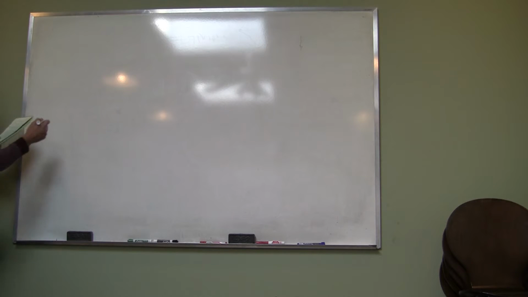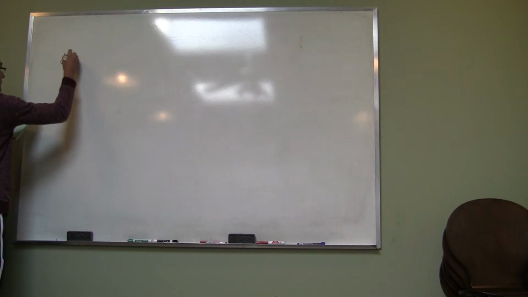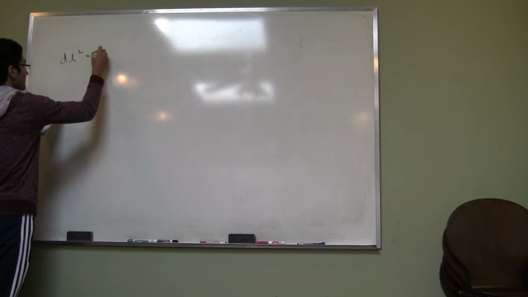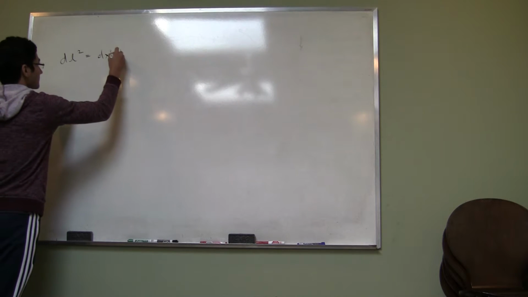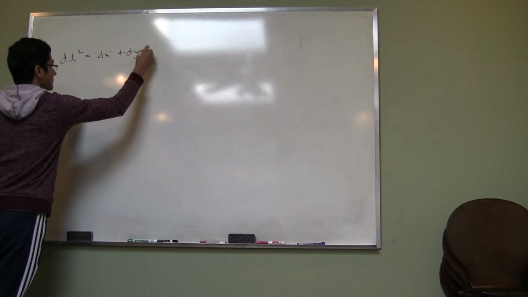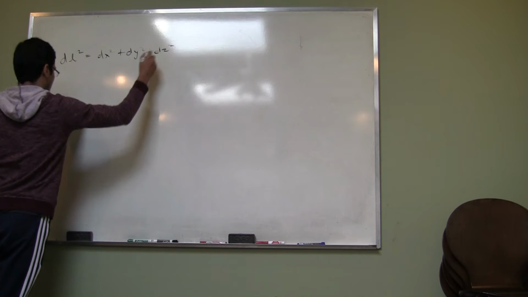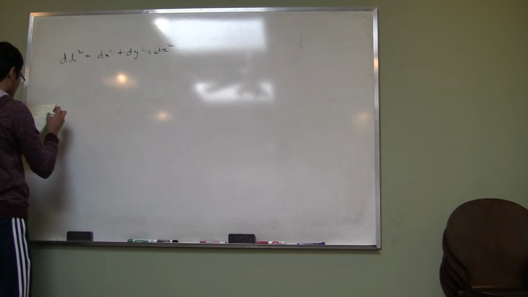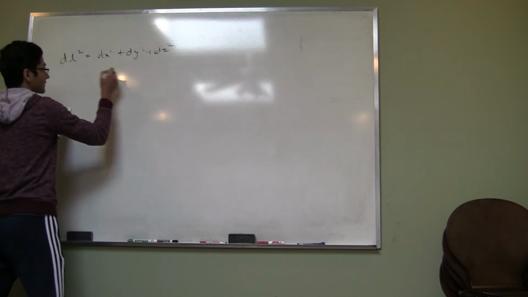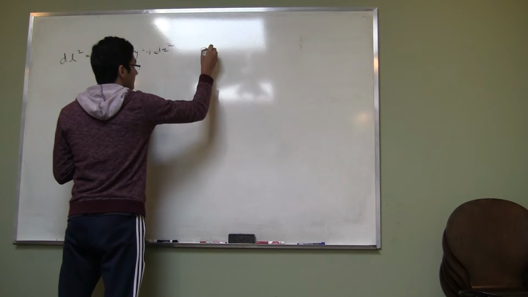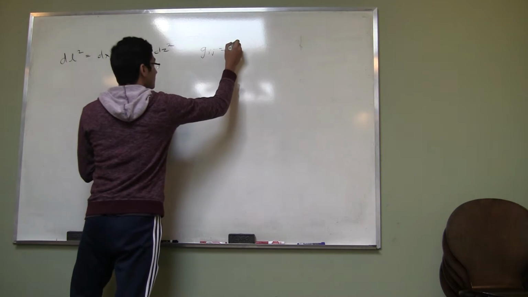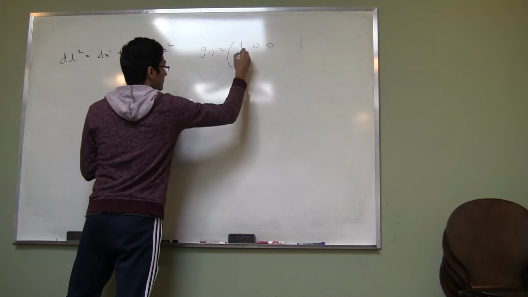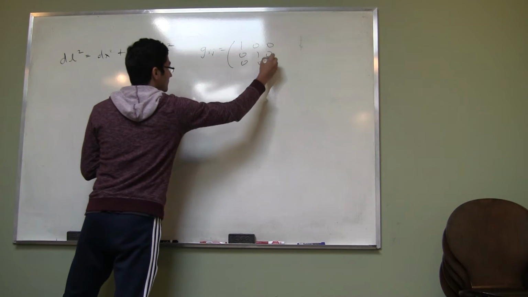The Euclidean metric is dl squared equals dx squared plus dy squared plus dz squared. So the metric g ij will be 1 0 0, 0 1 0, 0 0 1.